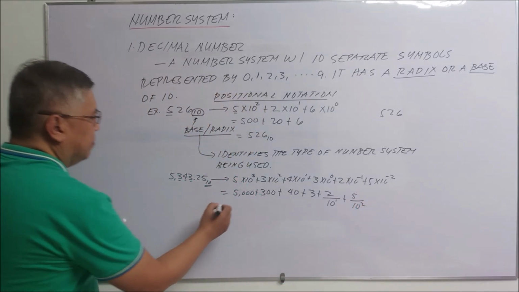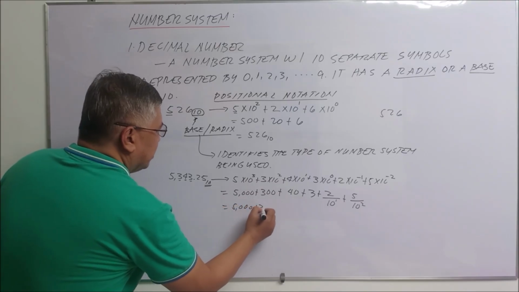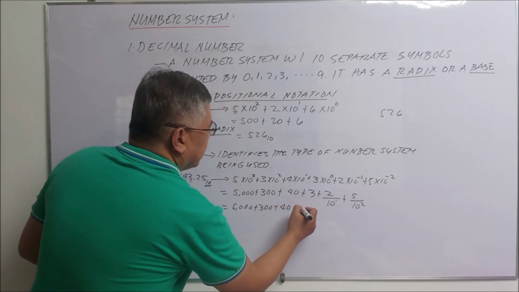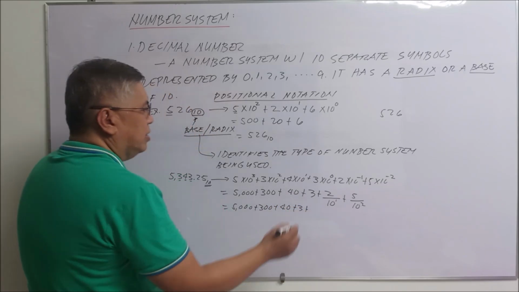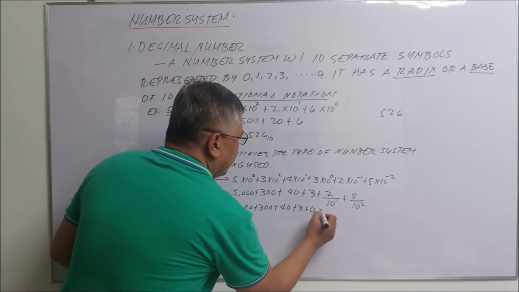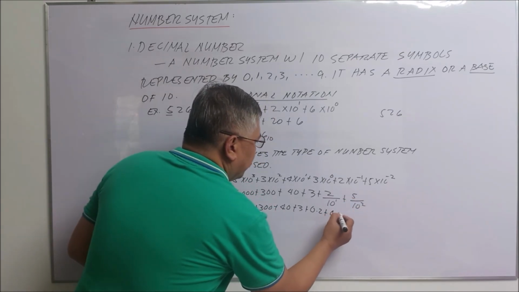Which is what? You have 5,000 plus 300 plus 40 plus 3, plus 2 over 10, that is 0.2, plus 5 over 100, that is 0.05.